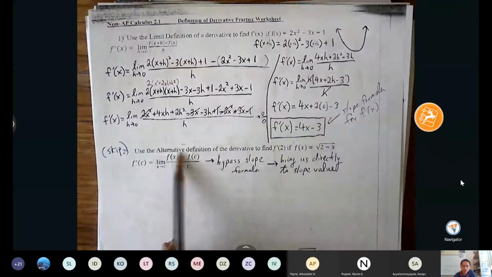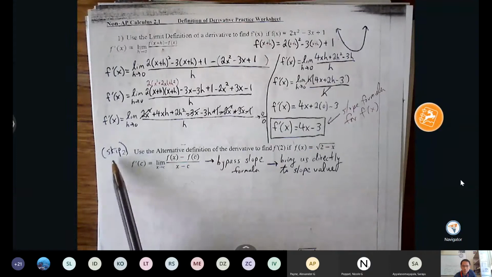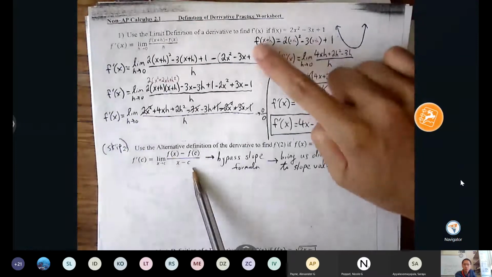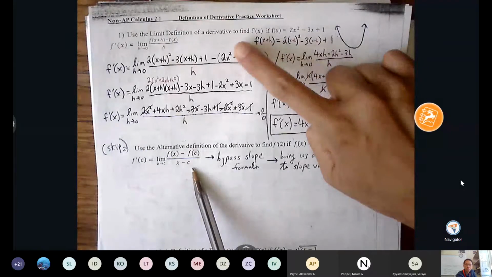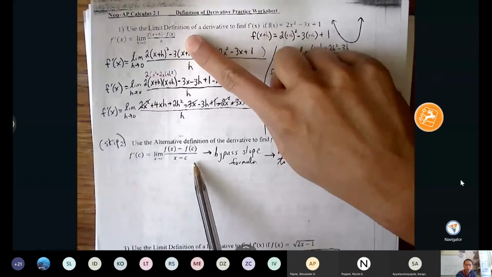I skipped over this alternate definition, this concept, but let me just kind of go through it real quick. The alternate definition does a similar thing with the limit definition, the general definition. They both give us information about slope of the graph.